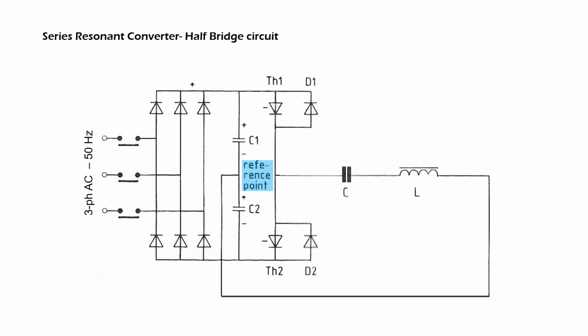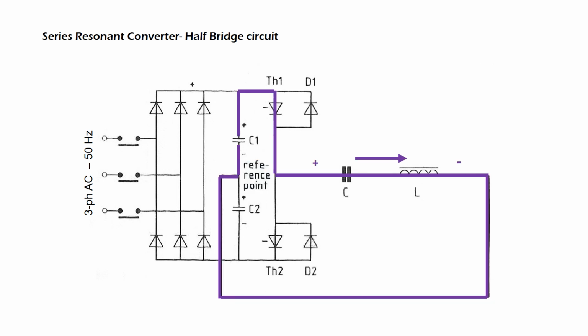The two voltages should be considered as two separate voltage sources. When the thyristor TH1 fires, a current flows from plus end of C1 to the reference point, that is, to the minus end of C1 via thyristor TH1, capacitor C and inductor L.